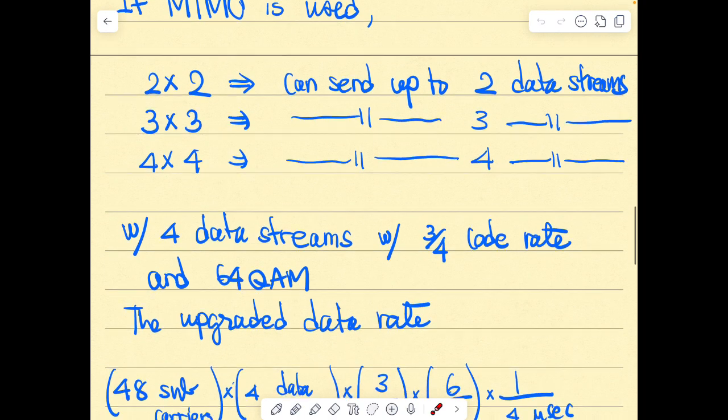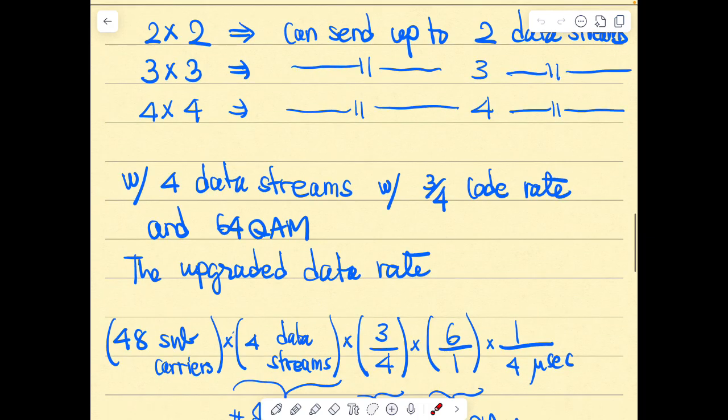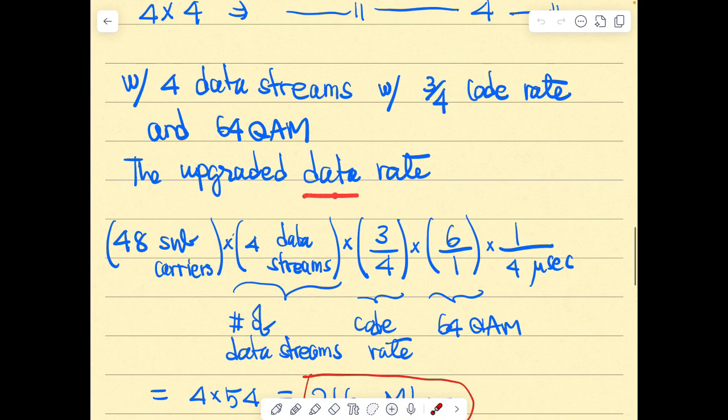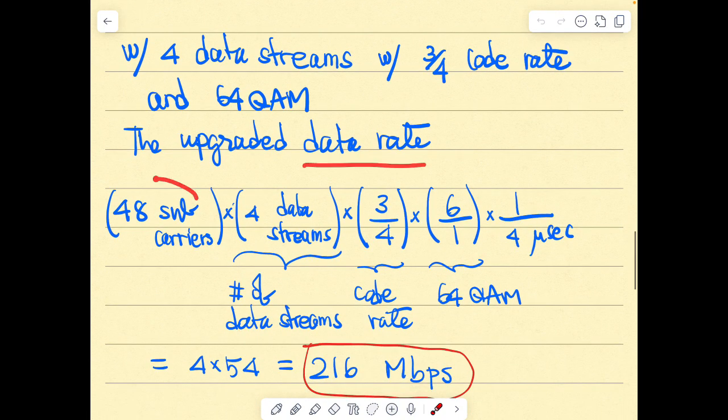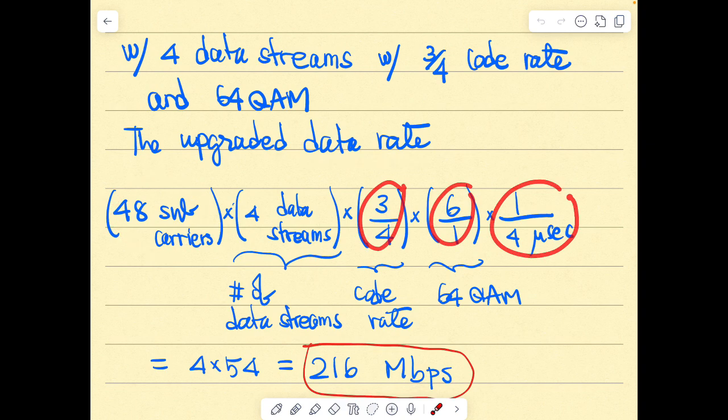If we use a 4x4 configuration, we can transmit 4 data streams simultaneously using the MIMO scheme. Let's say we use 3/4 code rate and 64 QAM modulation. The data rate will increase. 48 is the same, 3/4 is the same, 6 is the same, and 1/4 per microsecond is the same.